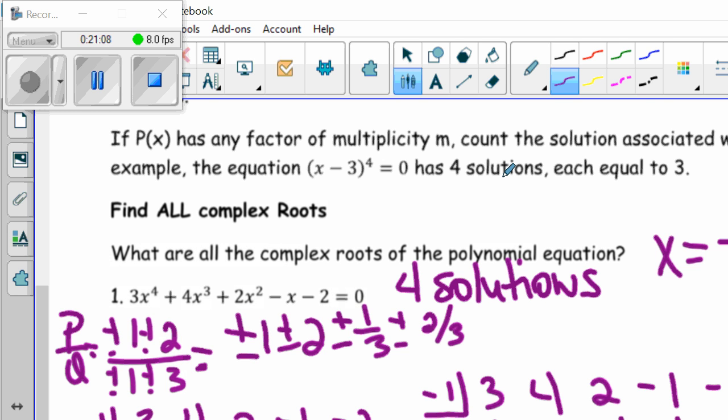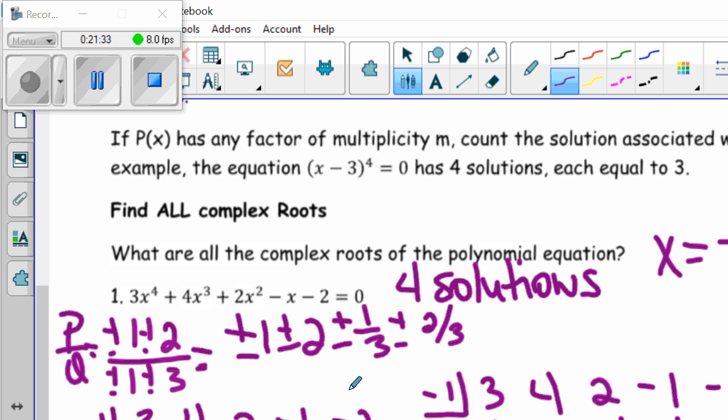These are my new coefficients. Okay, so I have a 3x cubed plus x squared plus x minus 2 equals 0. I need to do synthetic division again because I'm at an x cubed.